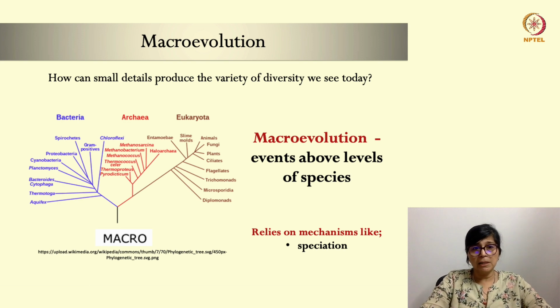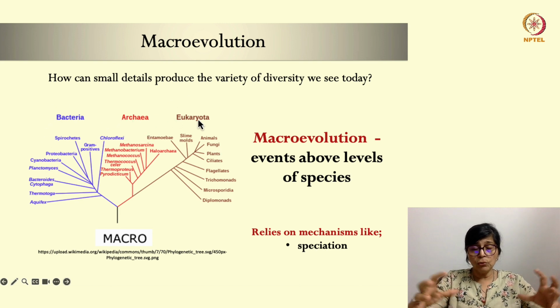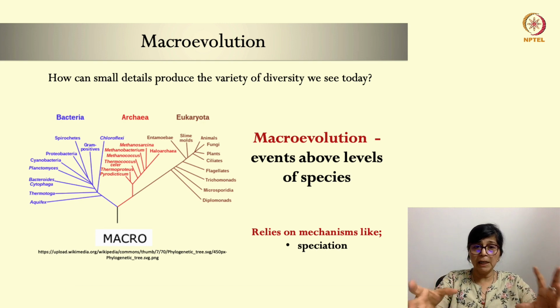So here you can see we have three kingdoms, as we all know already: bacteria, archaea and eukaryota. So when we zoom out, this is the picture that we get because of the interlinks between these organisms, and that is what gives us a picture of how evolution has happened over millions of years. This is macroevolution at a larger scale, and these are done through what we know as a mechanism as speciation.